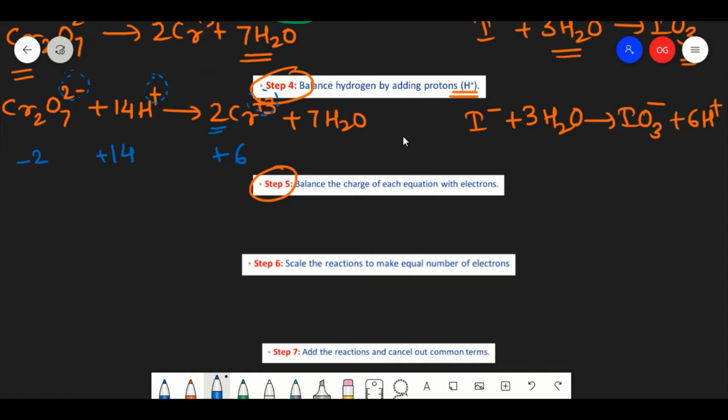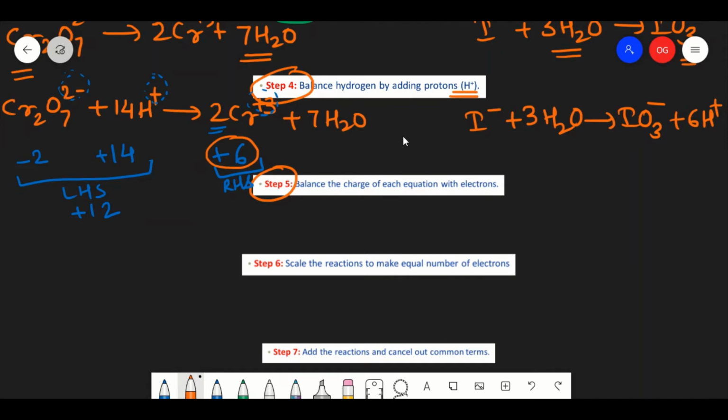So basically this is my left hand side and this is my right hand side. On the left hand side how much do I have, 14 minus 2, so I have plus 12 over here and plus 6 on the right hand side.